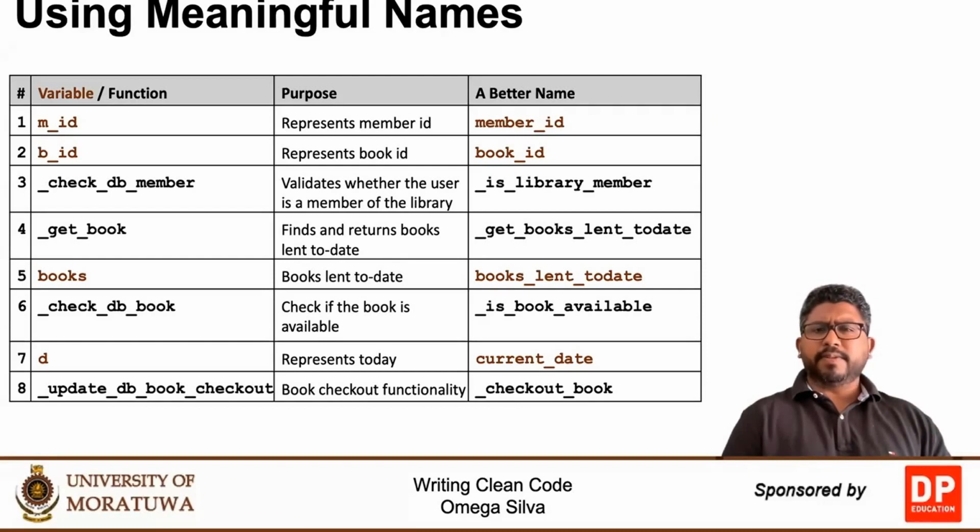Therefore, this is something that you have to avoid in all cases. Perhaps one exception for such variables is when they are being used as loop counters. For example, in a while loop. Apart from that, make sure that you don't name variables with a single letter at any cost.